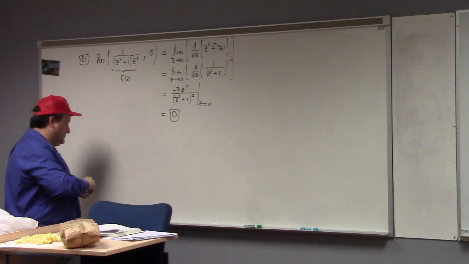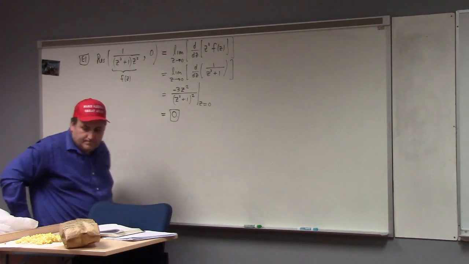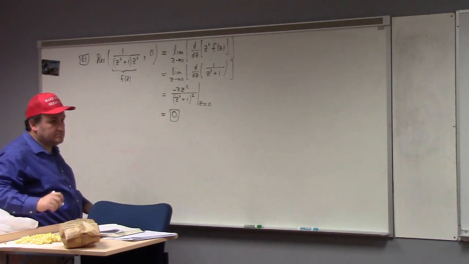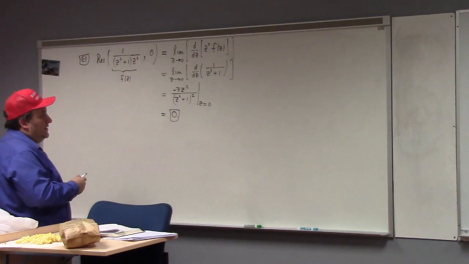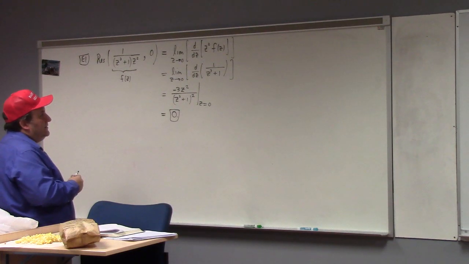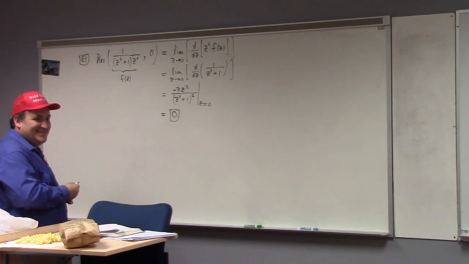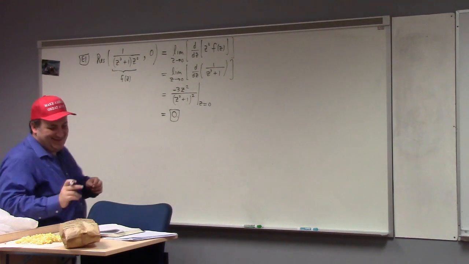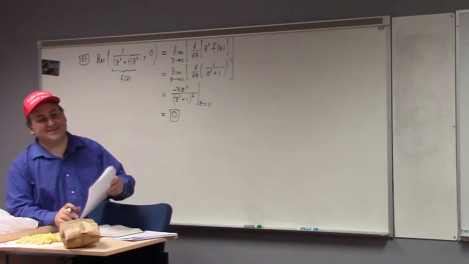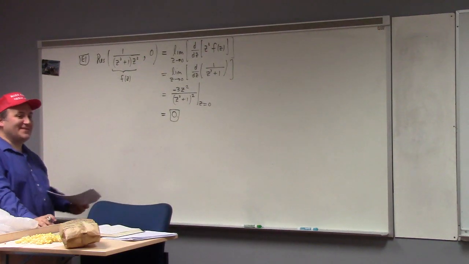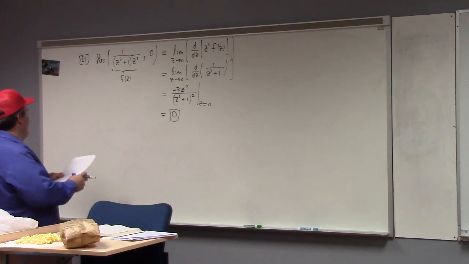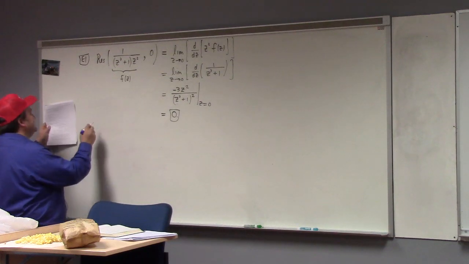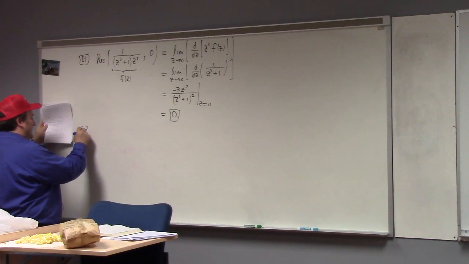Could you also have needed the limit to the derivative? Well, this time, yes, but usually no. If we took the limit first and then we differentiated, it would always be 0, right? Well, life would be boring if that was the case.